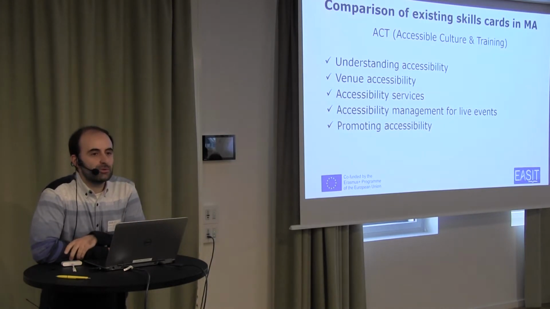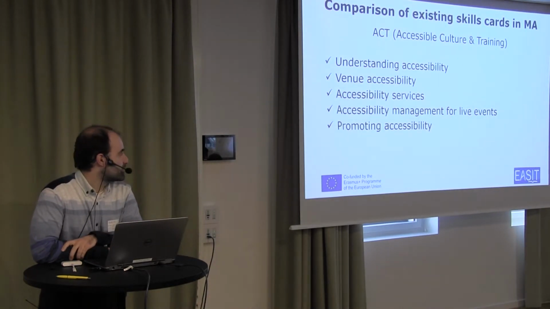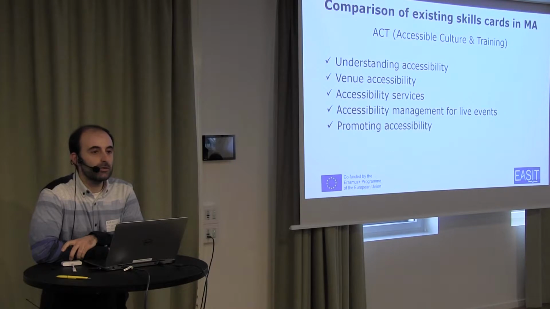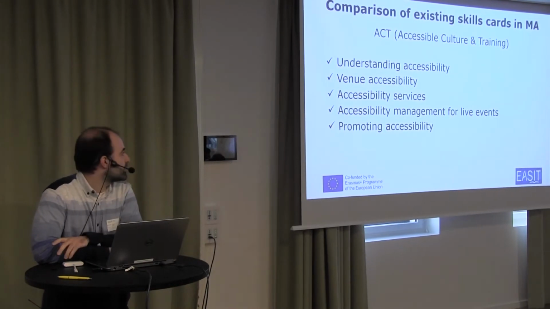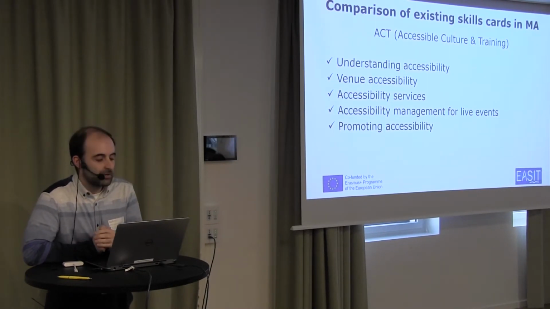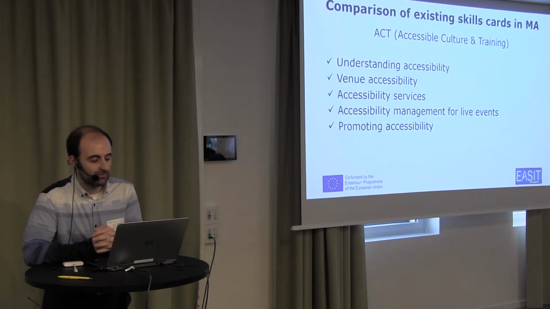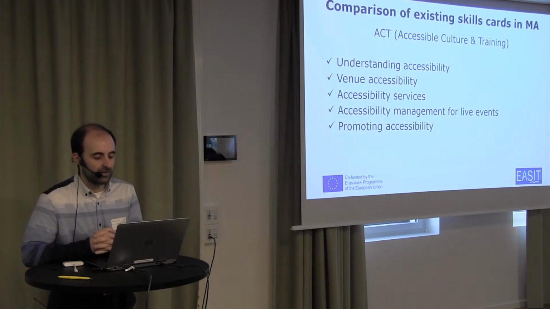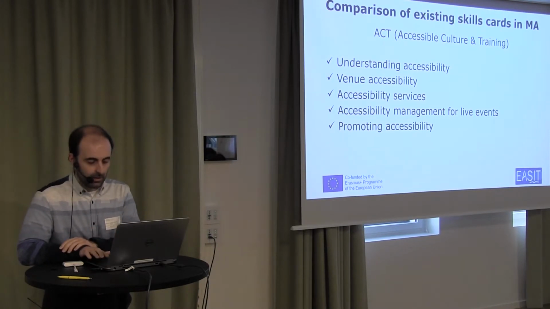Finally, when it comes to EASIT, the format that was finally employed was the one originating in the ACT project. You have the 5 units: understanding accessibility, venue accessibility services, accessibility management for live events, and promoting accessibility.